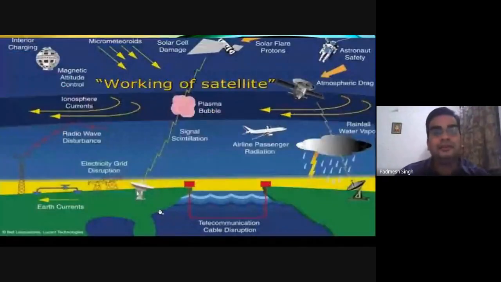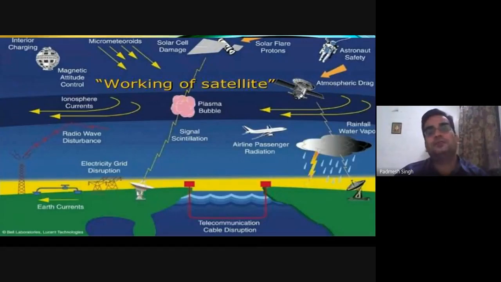And here we can see various types of interferences during working of satellite. For example, say this is our satellite. The problem being faced by satellite is atmospheric drag.